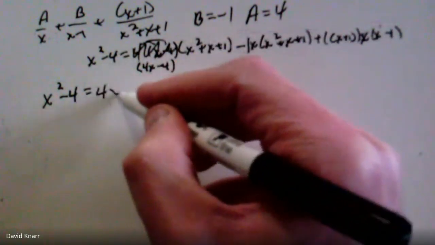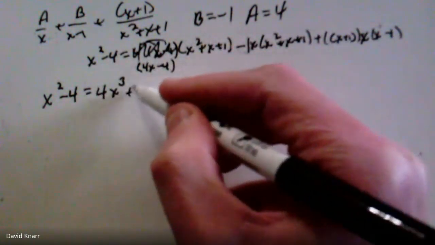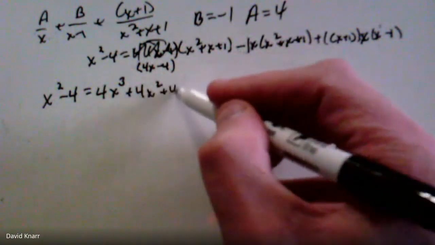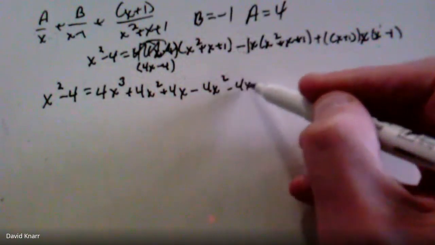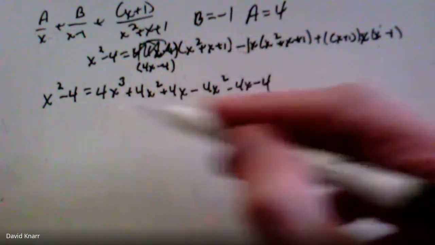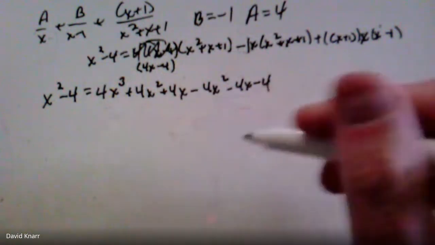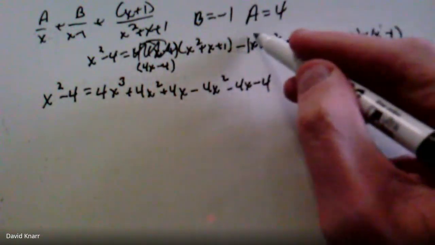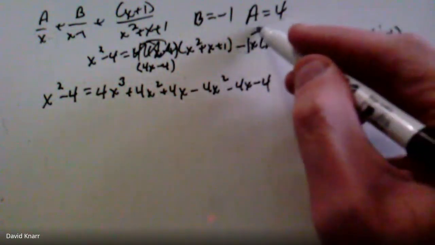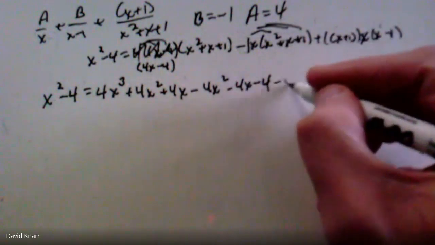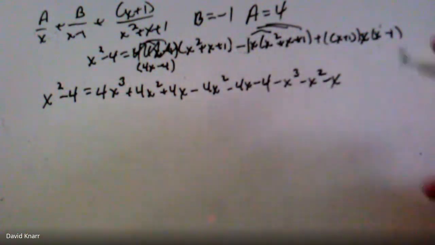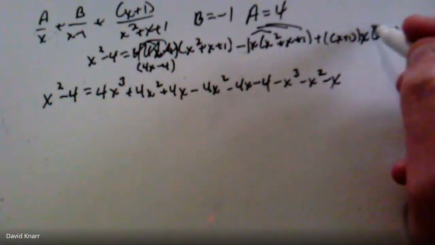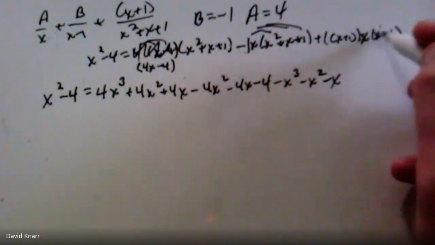So that's 4x cubed plus 4x squared plus 4x minus 4x squared minus 4x minus 4, which should be something very familiar momentarily. And then I'm going to FOIL this in. So I get -x cubed, -x squared, -x. And then here, what I'll do is I'll take these two, distribute this.